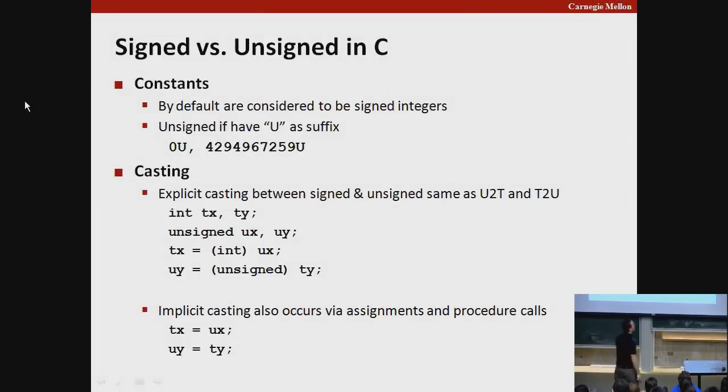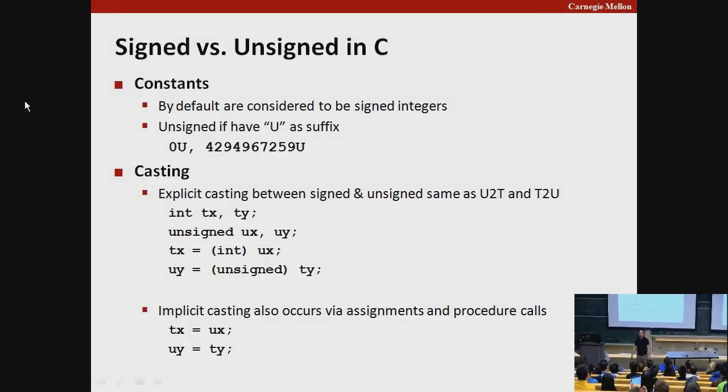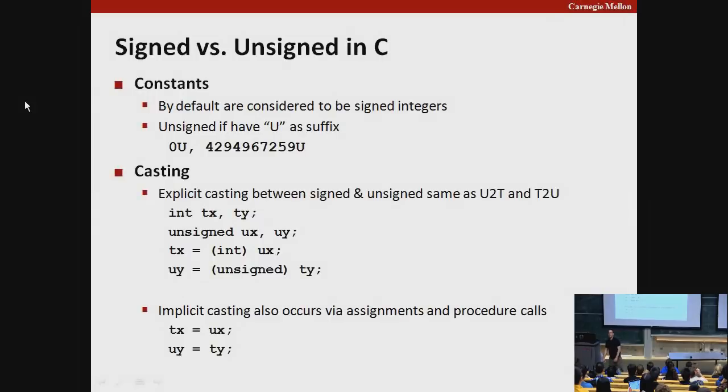In C, if you write a number like 2345, that number by default is signed. Constants by default are signed in C. If you want them to be unsigned, append a U after them. Having said that, my default types, like int and long, are all signed. If you want them to be unsigned, add the unsigned qualifier.